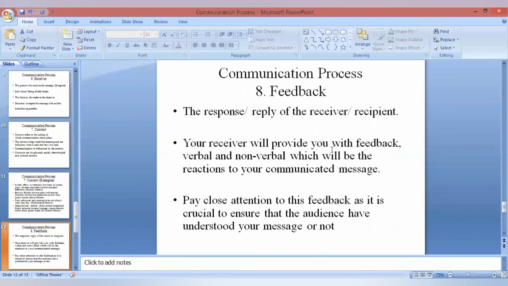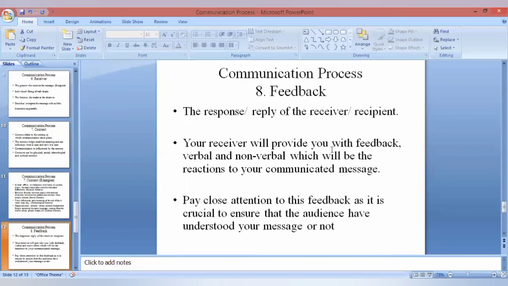And the next component of communication process is feedback. Feedback is usually the response, the reply of the recipient or receiver. Your receiver will provide you with feedback, which could be verbal or non-verbal or both, and which will be the reactions to the message that you have communicated.